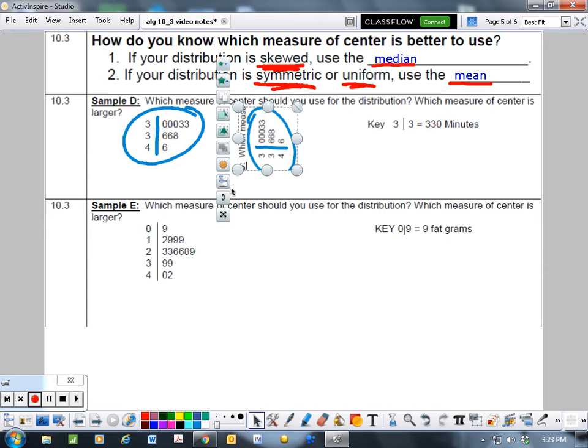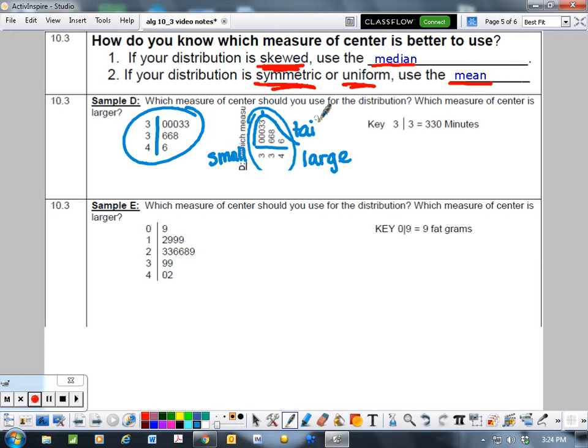I turn it so my smaller numbers are on this side, because the number line should go from small to large. So I turn it like that, and I look at the distribution. Now when I'm looking at this shape, I'm looking at the peak, and then here's my tail. So this is definitely a right skewed distribution.